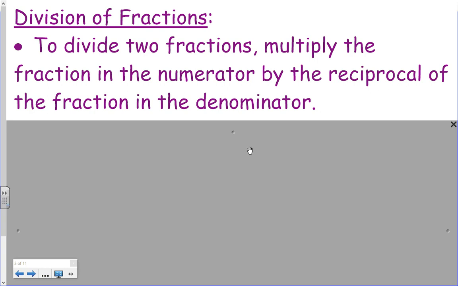You've probably said this many times, that dividing by the whole number 2 is the same as multiplying by 1/2. That is the reciprocal of 2, which is 1/2. That's the same property we're talking about right here. You can change division into multiplication as long as you multiply by the reciprocal of the denominator.